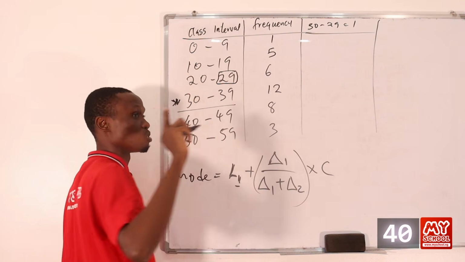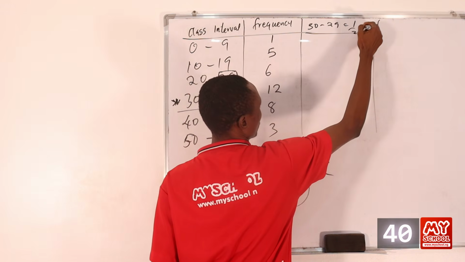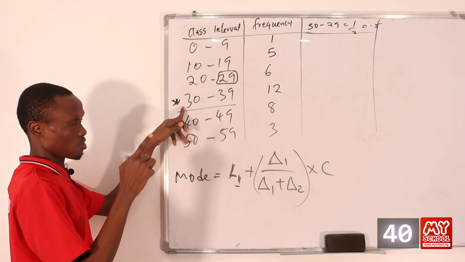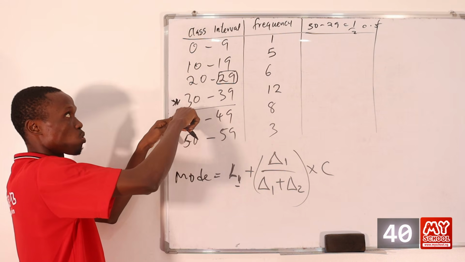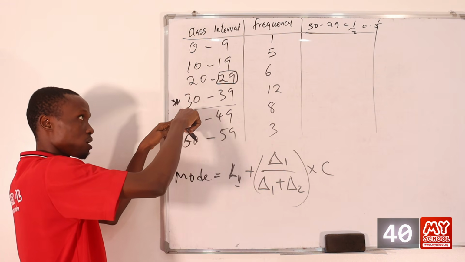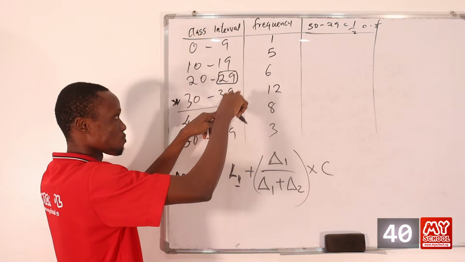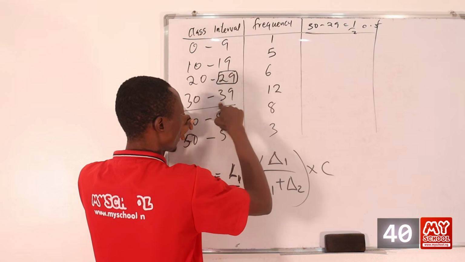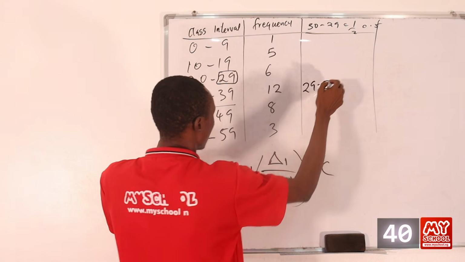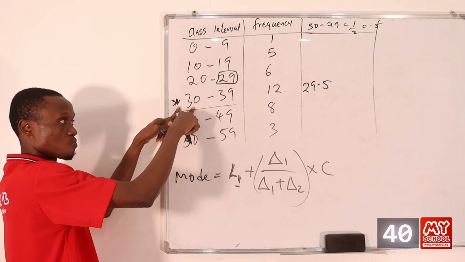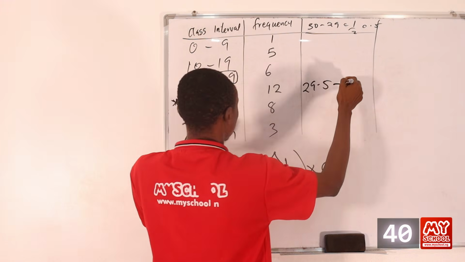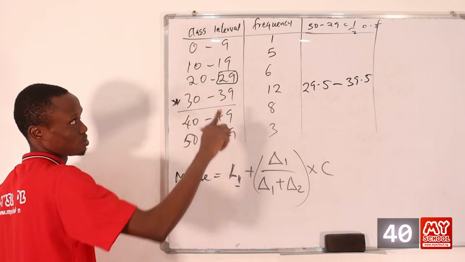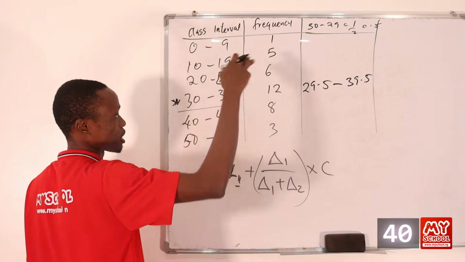Then you divide that 1 by 2, and that is equal to 0.5. So this 0.5, you subtract from the lower class limit, and add 0.5 to the upper class limit. So the class boundary for the modal class will be 29.5, because I removed 0.5 from here, and the upper class boundary will be 39.5 because I added 0.5 to it. So that is what you do to get your class boundary.